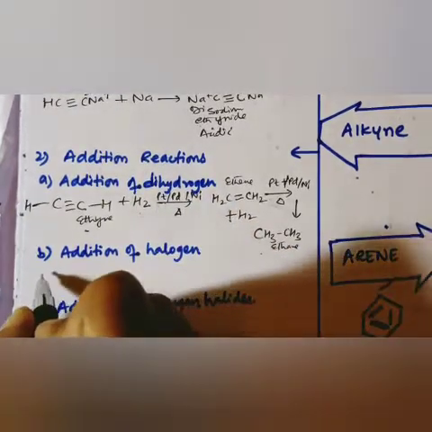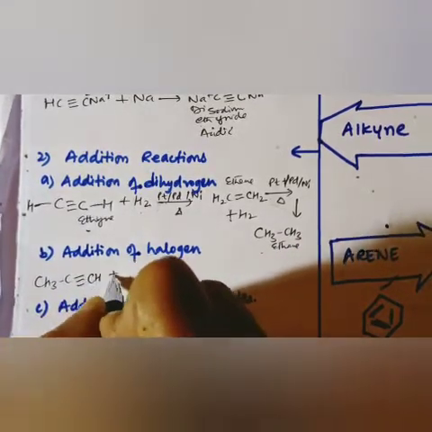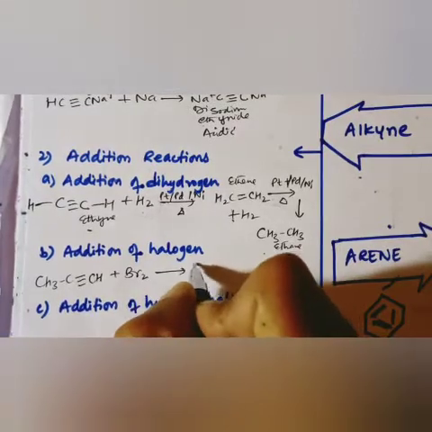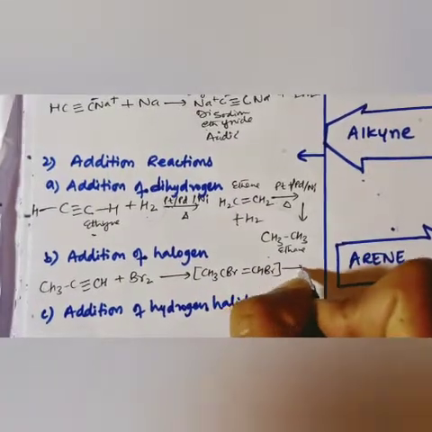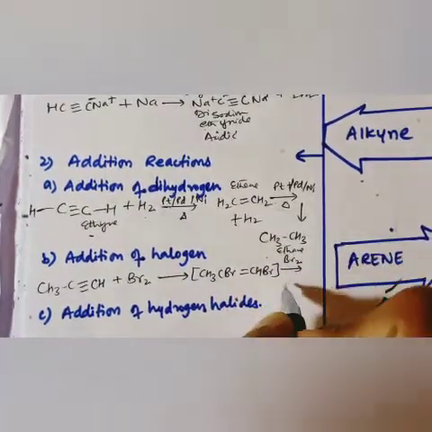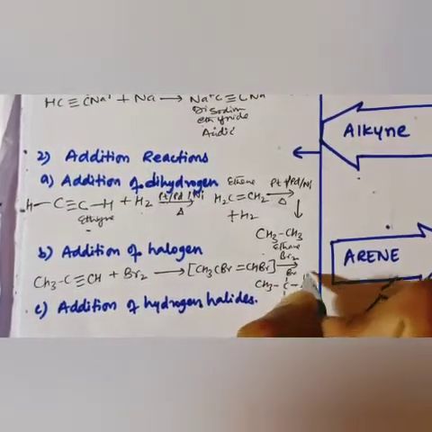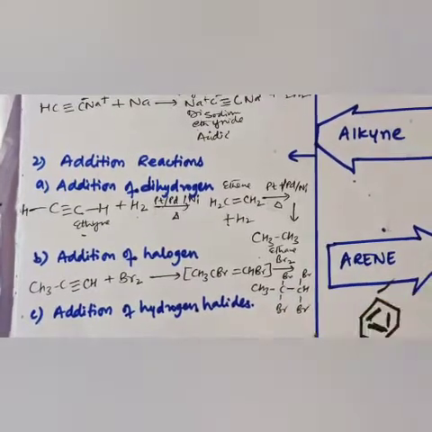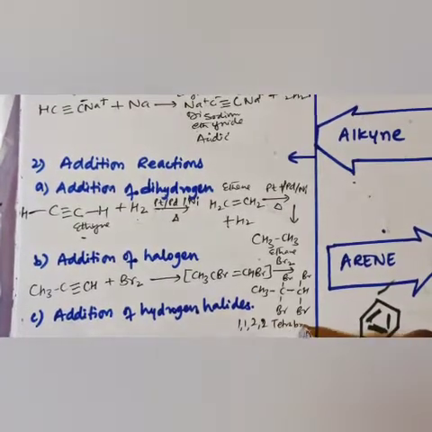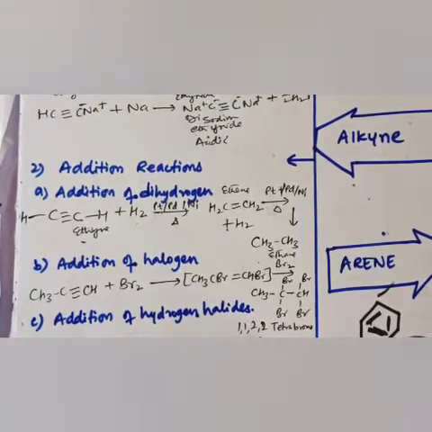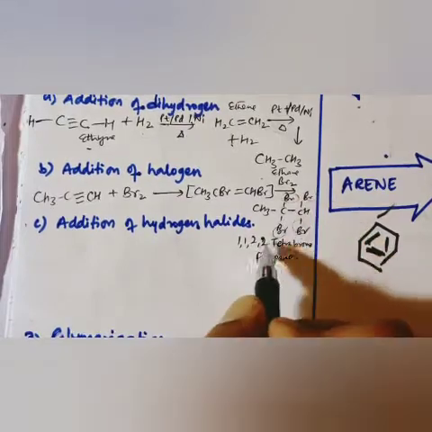Okay. Second is addition of halogen. When CH3 C triple bonded CH reacts with a halogen, it will change into CH3 CBr double bond CHBr, and when bromination happens again, it will change into CH3 CBr2 CHBr2, that is 1,1,2,2 tetrabromopropane.